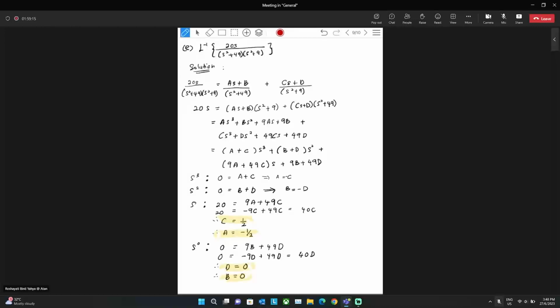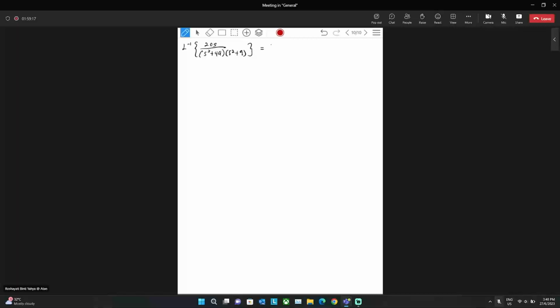So the inverse of (20s) over (s squared plus 49)(s squared plus 9) equals your A just now, negative half, so negative 1 over 2, but your A has s, right?